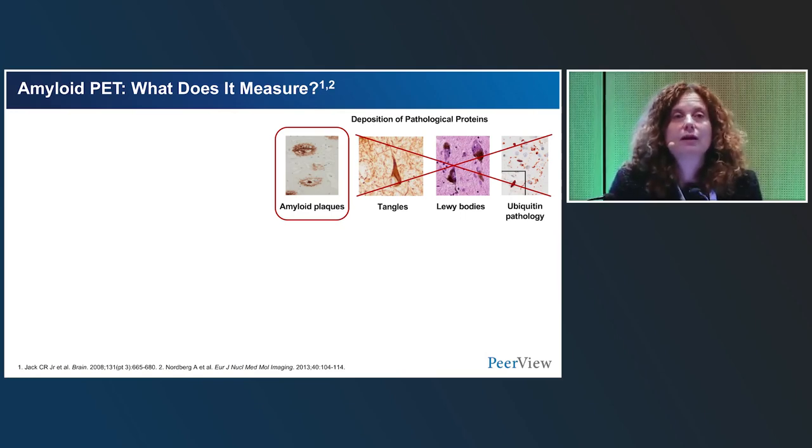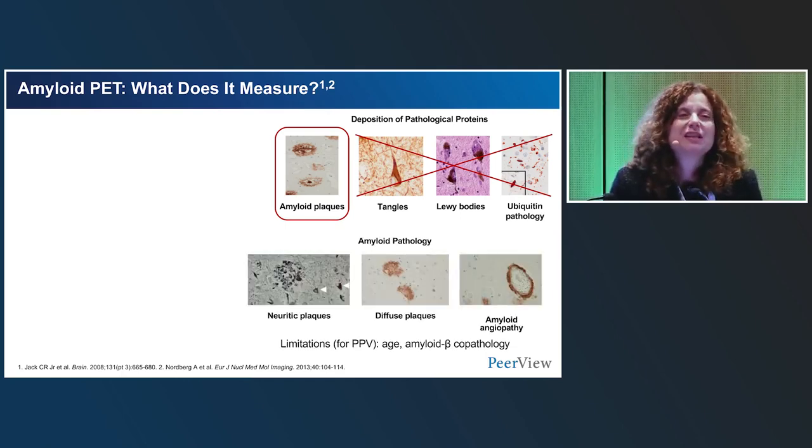There's no significant binding to the other neuropathological proteins that might be there in older patients with neurodegenerative diseases. Then when we move into amyloid pathology, this specificity somehow stops. We know that these tracers are able to track neuritic plaques, diffuse plaques, and amyloid angiopathy.